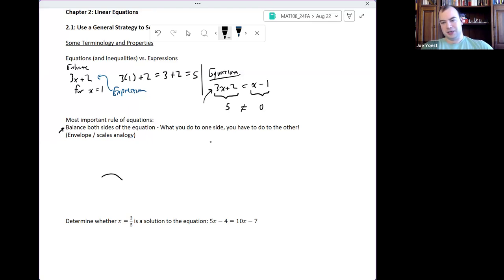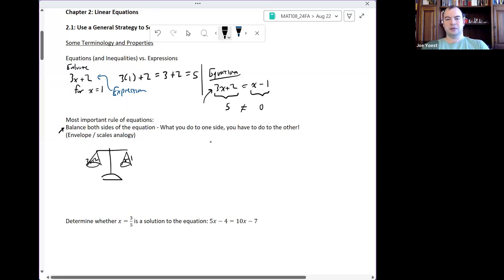So there's this sense in which we have scales, and we start off by saying our 3x plus 2 and our x minus 1 balance. At the end of this, whatever value of x that I find, these ought to weigh the same. They ought to be the same number.